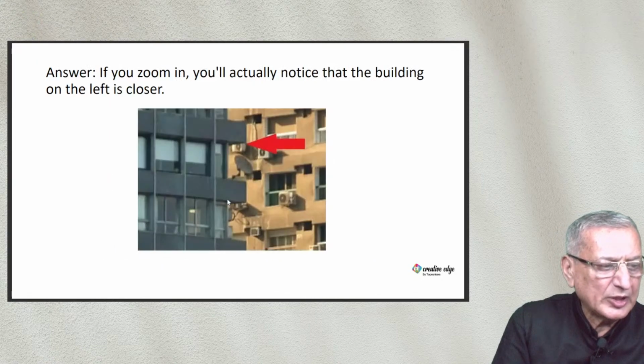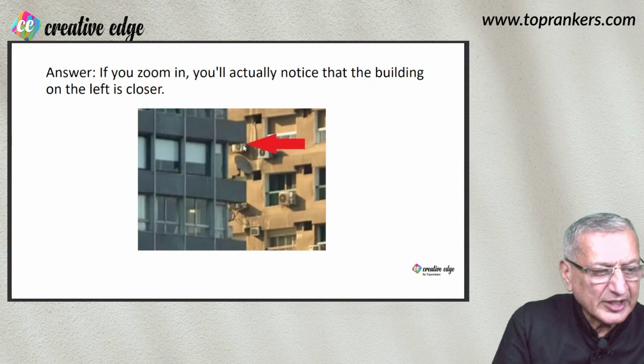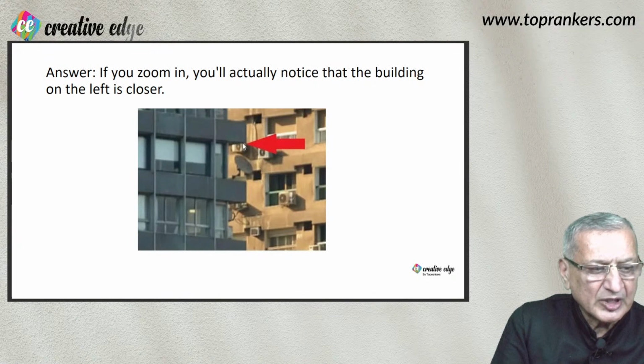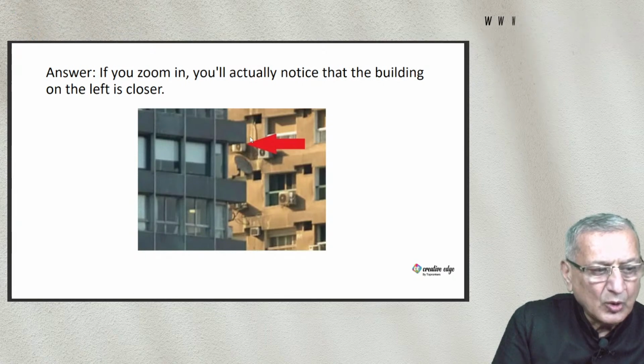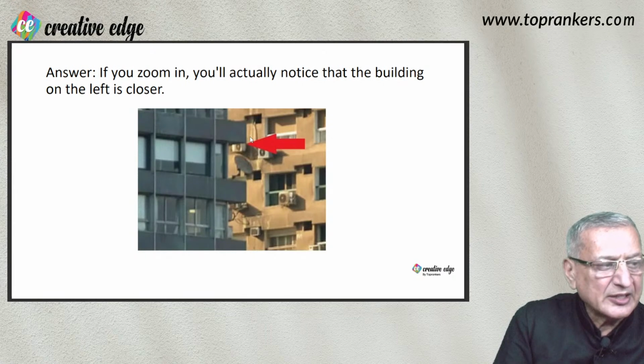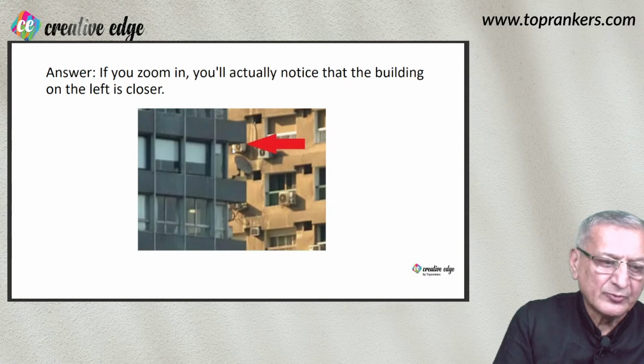But as we go into the deeper understanding of it, you can see that the outer unit of the air conditioner is getting cut by this parapet wall. So here the correct answer is the left side building, the dark building is in front.